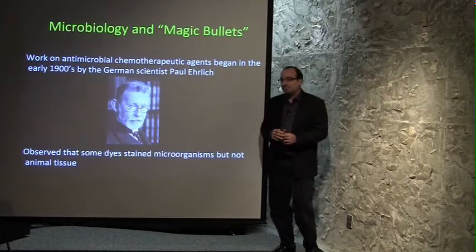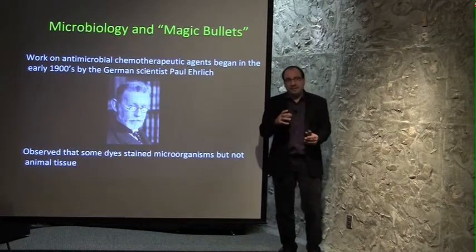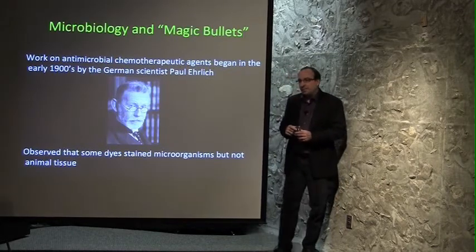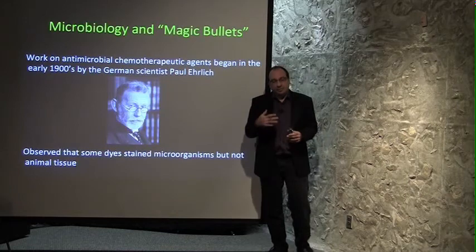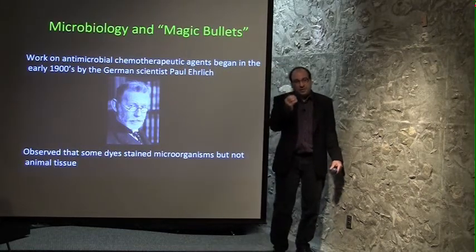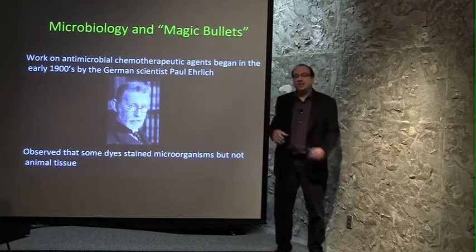So in the early 1900s, Paul Ehrlich came up with the idea of the magic bullet. The idea came about when looking at stains that were staining prokaryotic bacteria, but not staining eukaryotic cells.